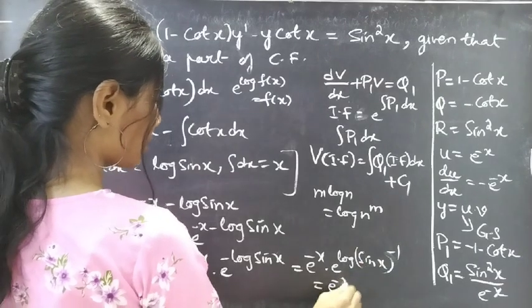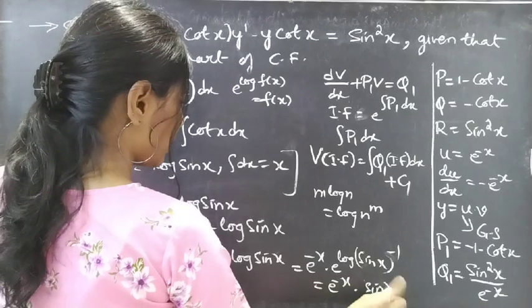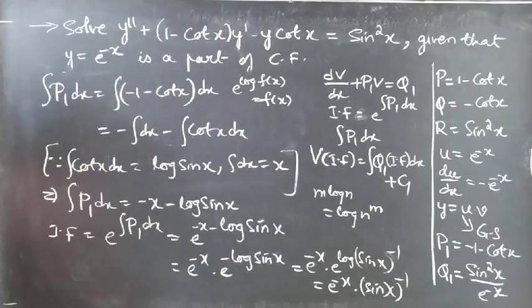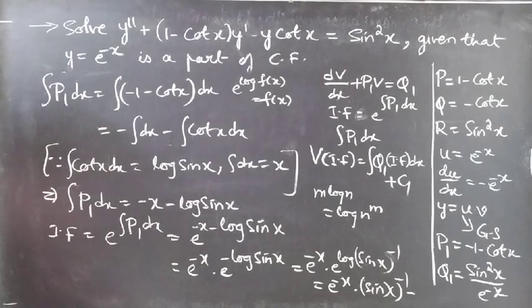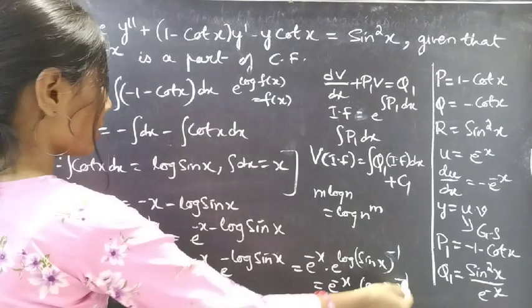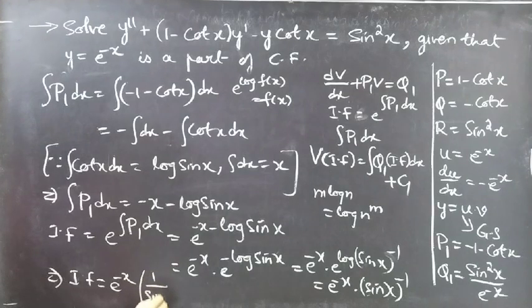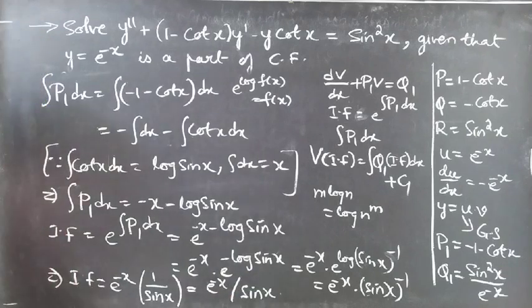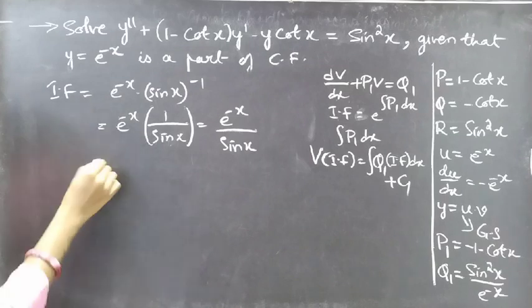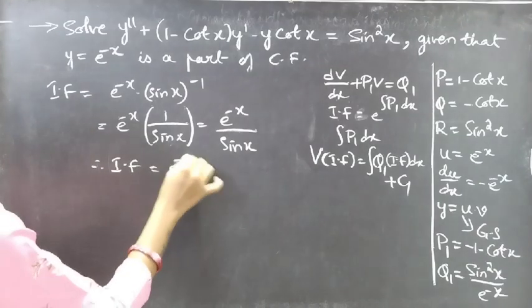Then this becomes e power minus x into sin x whole inverse, which can be written as 1 by sin x. So the integrating factor will be e power minus x by sin x. Therefore, integrating factor equal to e power minus x by sin x.